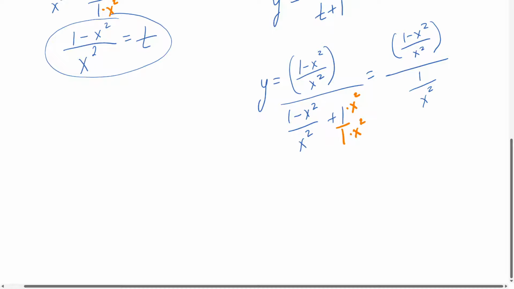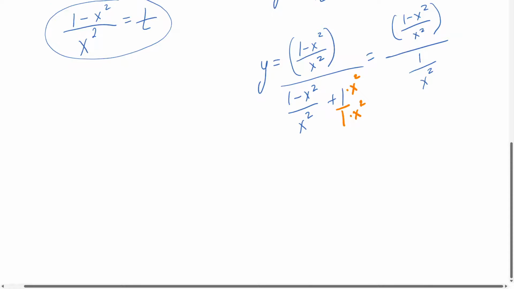And then, of course, if I keep simplifying, the x squared in the denominator on top, and the x squared in the numerator on the bottom, are going to cancel out. So I'm going to end up with this, which is just this.